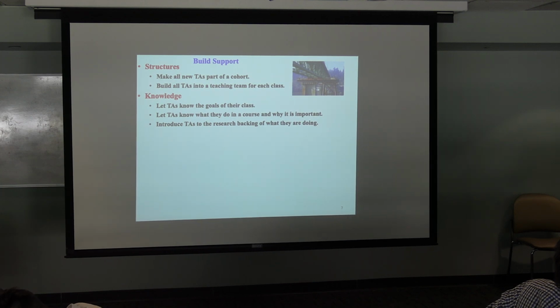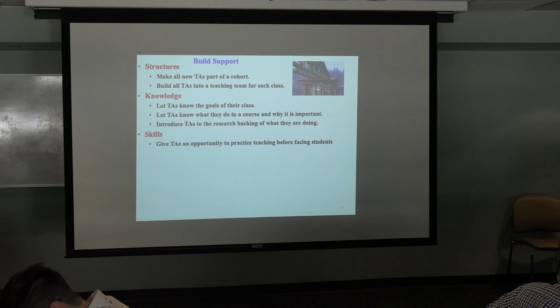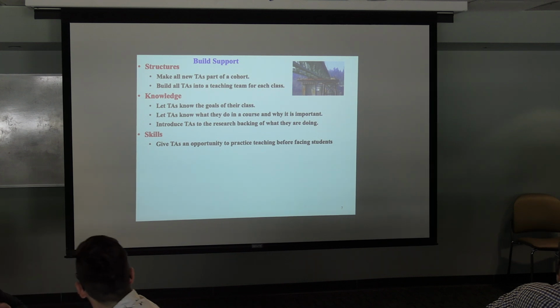And we also wanted to introduce the TAs to the fact that what we're asking them to do is not arbitrary. There's a research backing, and there's data that goes to that. And then we wanted the skills that they needed, you guys listed some that you wanted, we wanted them to practice it before they face students.